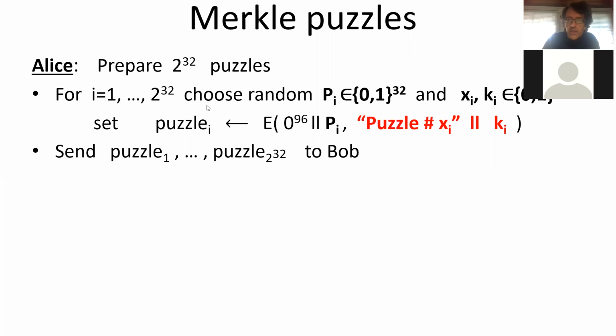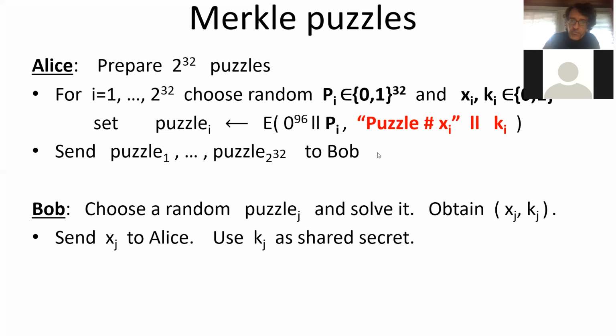Okay, let's go back to these puzzles. So the puzzle now will have a fixed element and then a nonce and a key. Alice sends 2 to the 32 of such puzzles to Bob. Bob picks a random one and solves it. Because he finds in 2 to the 32 time the preimage on a random ith puzzle that he chose, how can he test?